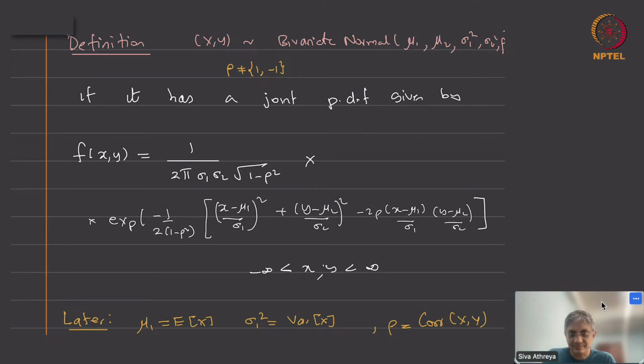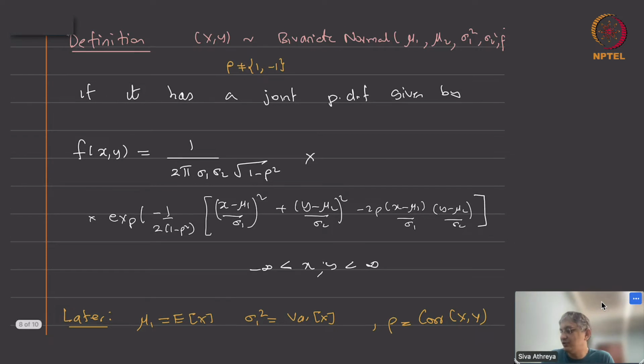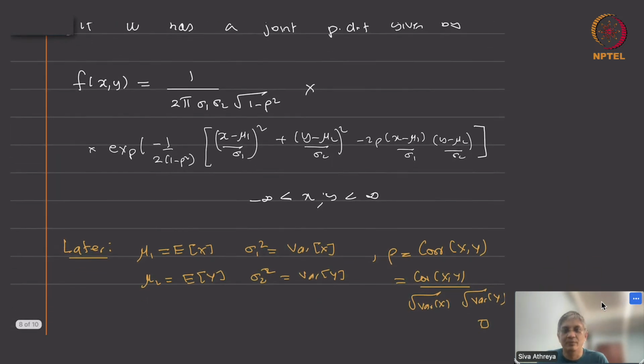The terms have certain meanings: mu1 is the mean of x, mu2 is the mean of y, sigma 1 squared is the variance of x, sigma 2 squared is the variance of y, and rho is the correlation coefficient between x and y. If I know all of these, I know the entire joint density of x and y.